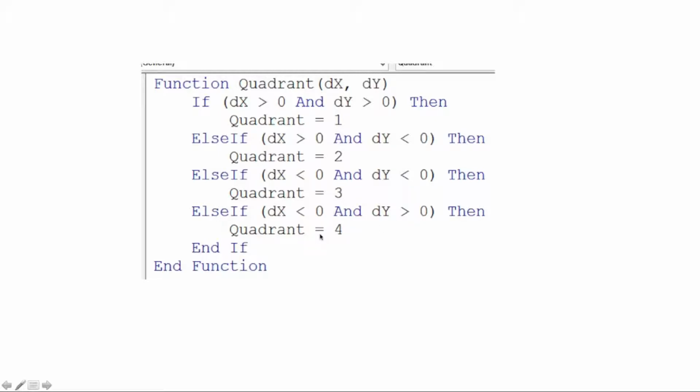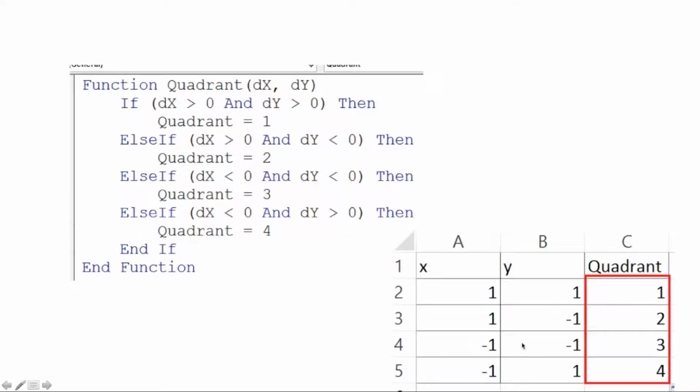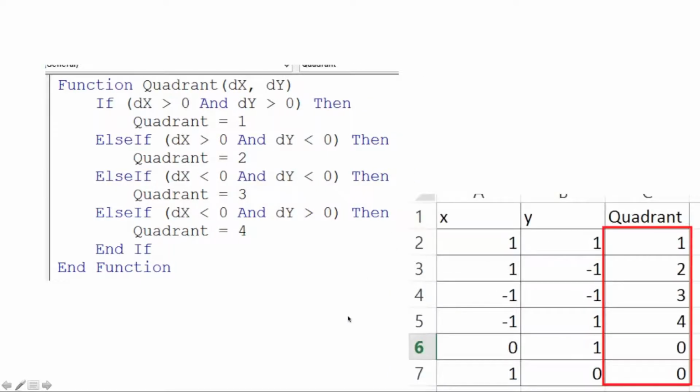We can try that on our worksheet with different values for x and y. You will see that if x is positive and y is positive, we have the quadrant number 1. Quadrant number 2 will be for x positive, y negative, and so on. So we have 4 different quadrant numbers because we're using all these combinations of x and y.